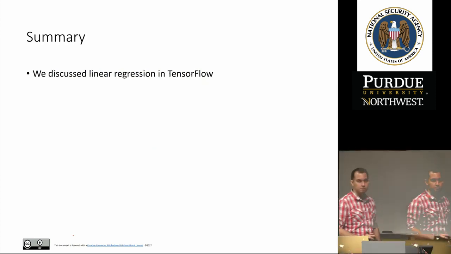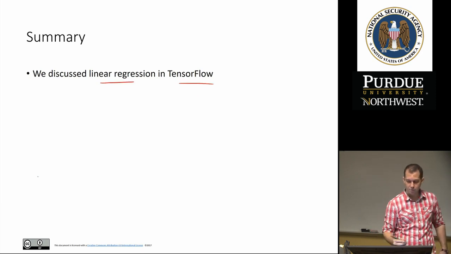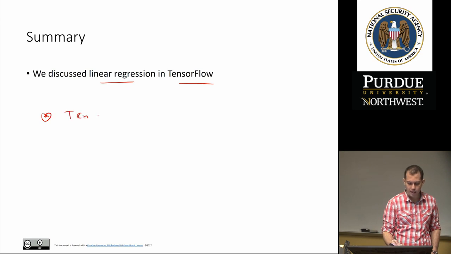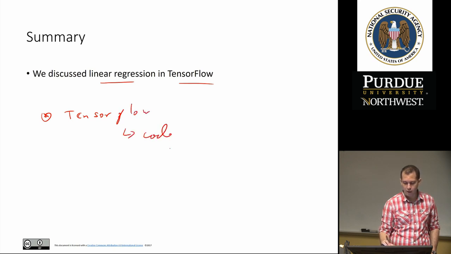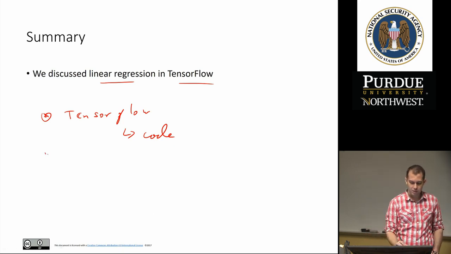So in summary, we discussed linear regression in TensorFlow. One of the most important things is that we learned specific mechanics of TensorFlow, so we learned how to code and some of the main elements of the TensorFlow programming language. We also learned about linear regression.